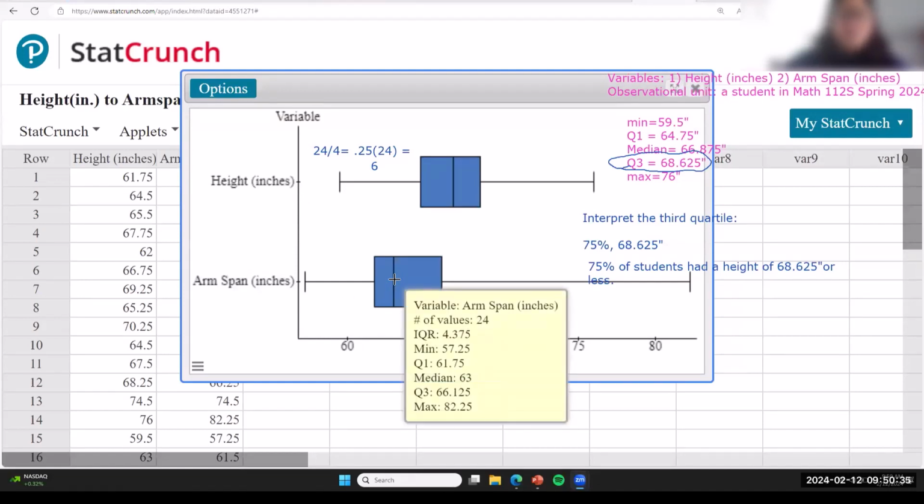Again, the amount for Q3 is 66.125, the inches for the third quartile.